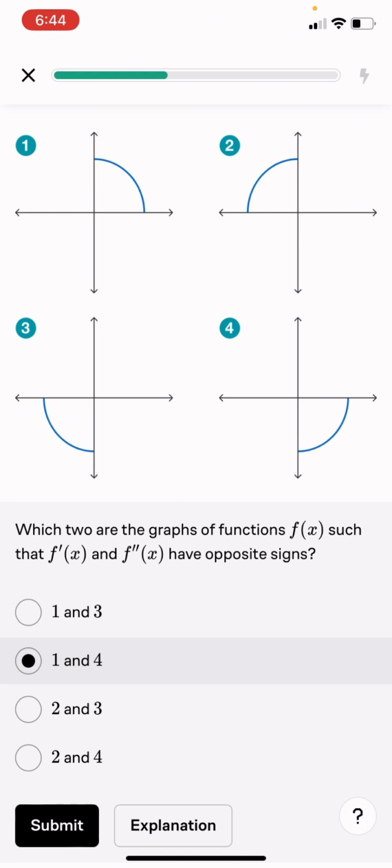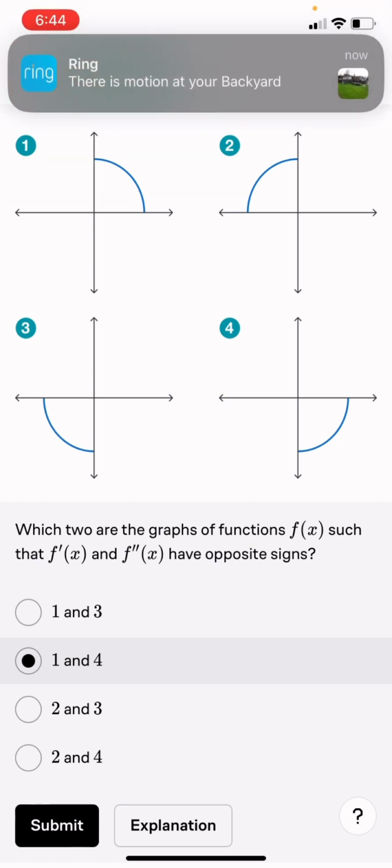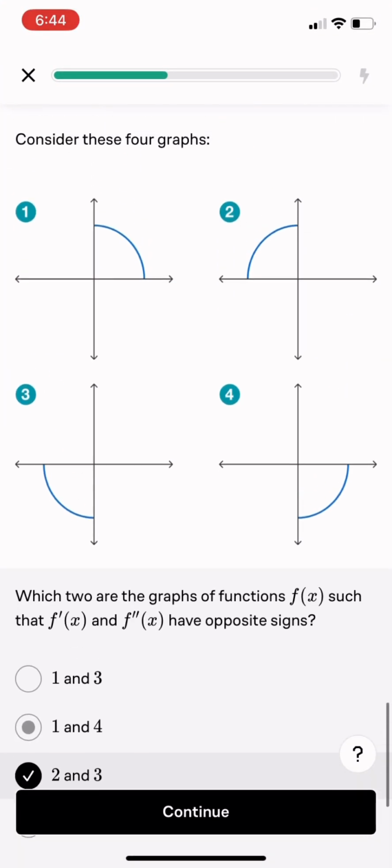That would be best. I think it may be 1 and 4. 2 and 3.